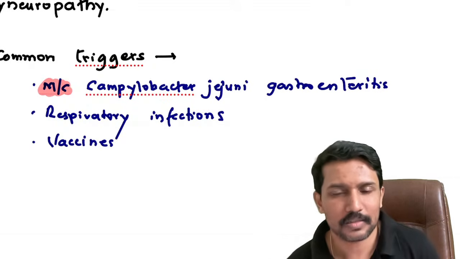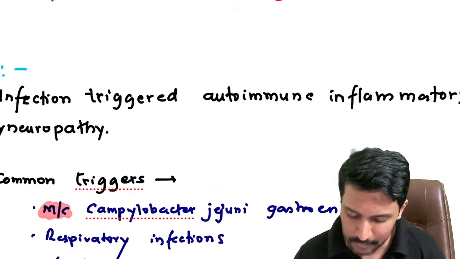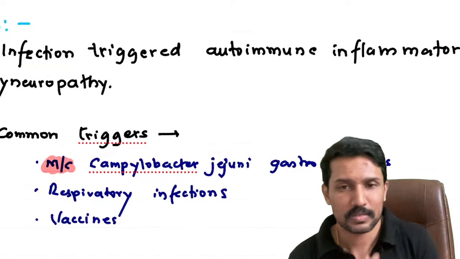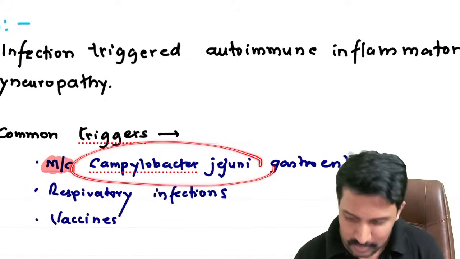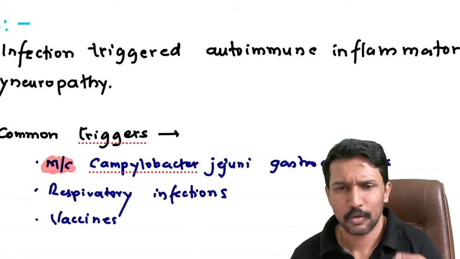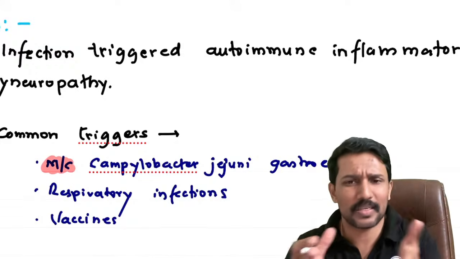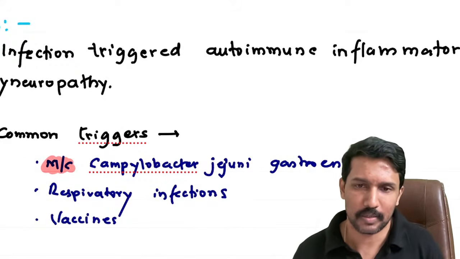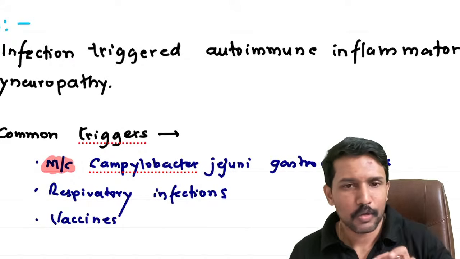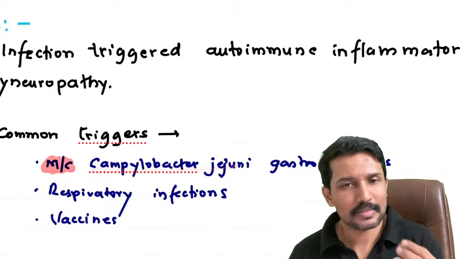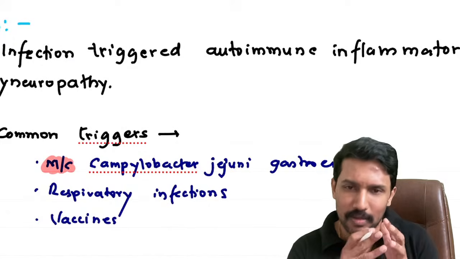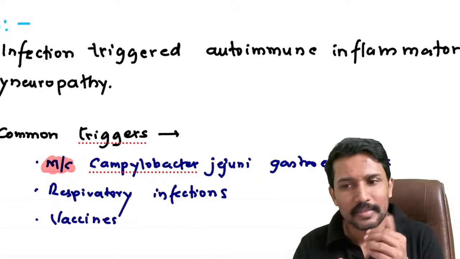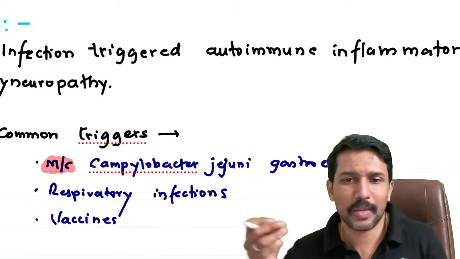But why do they trigger the damage to the peripheral nervous system? When the infection happens, your immune system produces antibodies targeting these pathogens: Campylobacter jejuni, COVID, or whatever virus, or even the vaccine agent. And you might know molecular mimicry. Our antibody wants to target Campylobacter jejuni, but it might have proteins or other substances in its bacterial body, and a similar protein or substance may exist on our neurons.